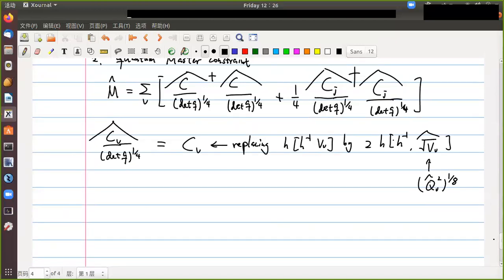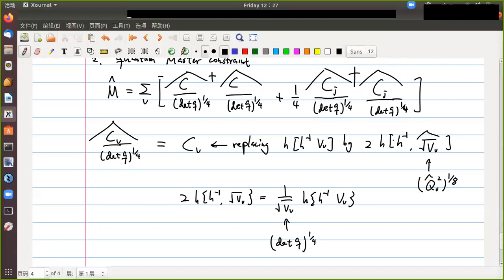Because if you consider the Poisson bracket of H with H inverse square root of V, it is equal to 1 over square root of V. And this 1 over square root of V is just the discretized version of determinant Q to the power 1 over 4.